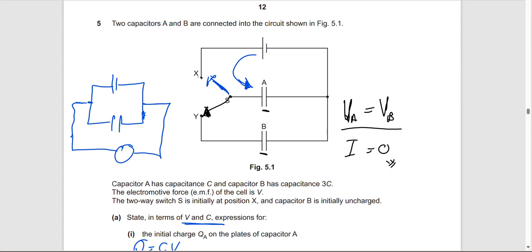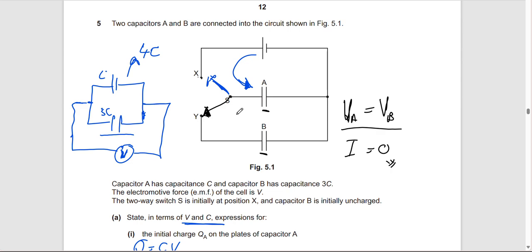We can measure the PD using a voltmeter. So you can see they are in parallel from this diagram. If they're in parallel, we just add: this is C and this is 3C. So the total capacitance becomes just 4C.